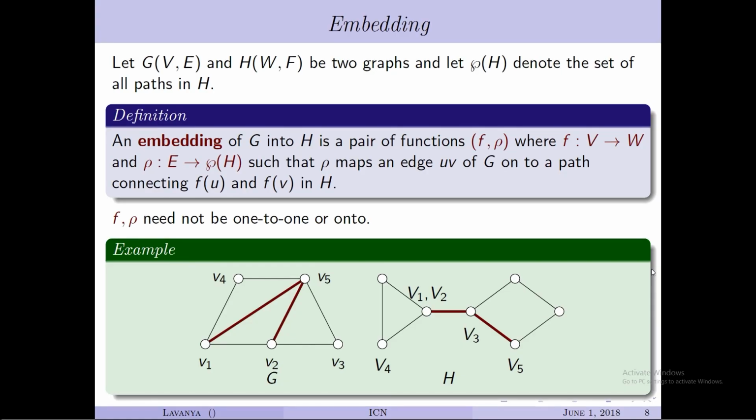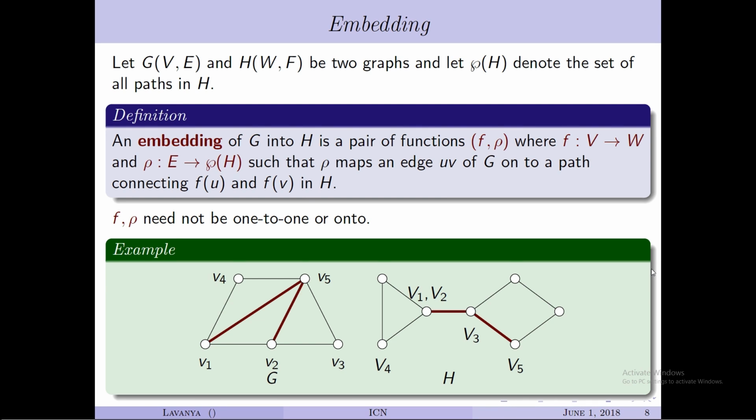We would not usually want an embedding like this, but unavoidably if it happens, we can of course find a mapping like this. So, we do not want to overload a node or processor in here, that is one thing. And also when I try to embed, say V1, V5 has a connection here, that means what?